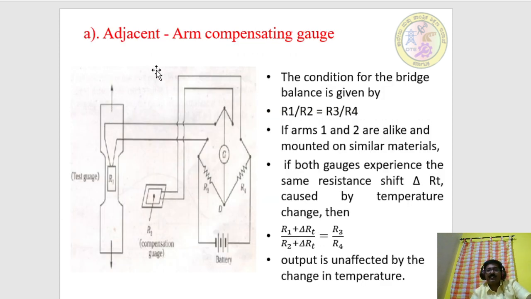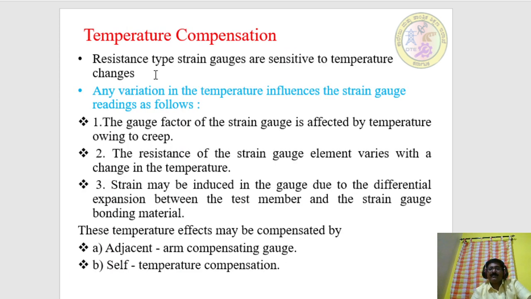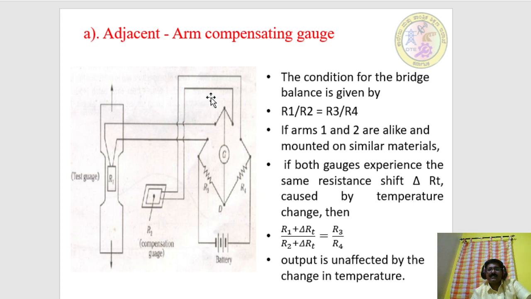First we look into the adjacent arm compensating gauge. This condition uses the arms which have been balanced. You are well aware that for adjacent arms the resistance R1 by R2 is equal to R3 by R4.